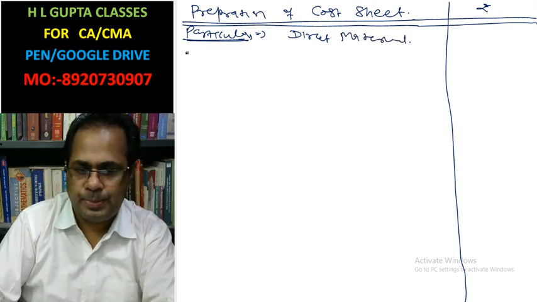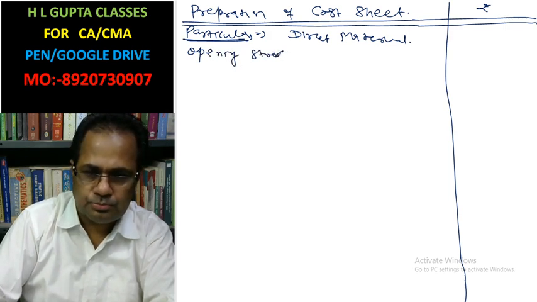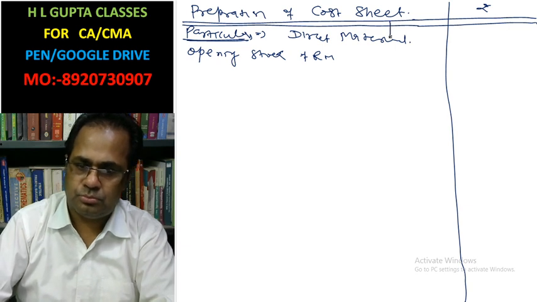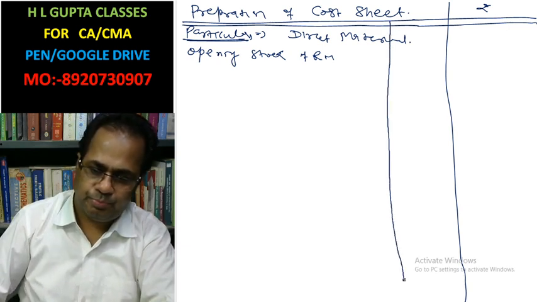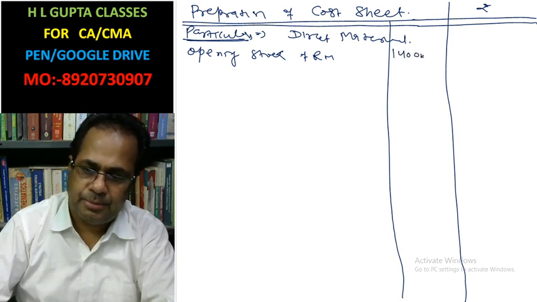Material. Opening stock of raw material. One lakh 40,000. This is given.